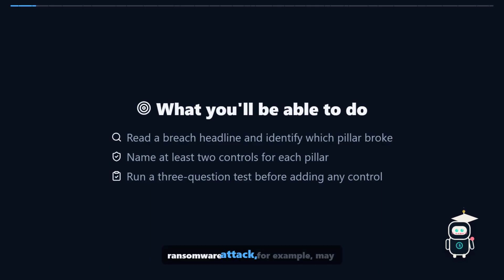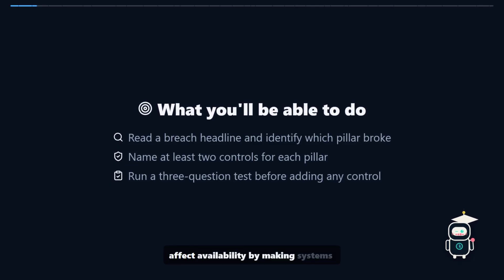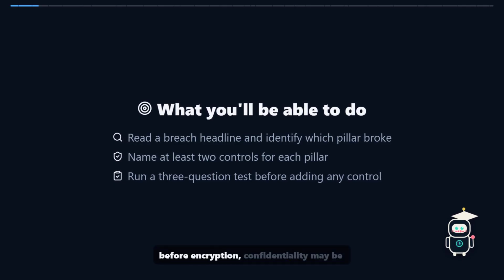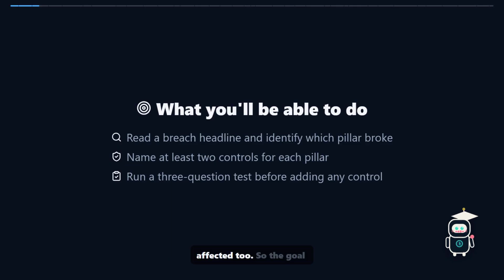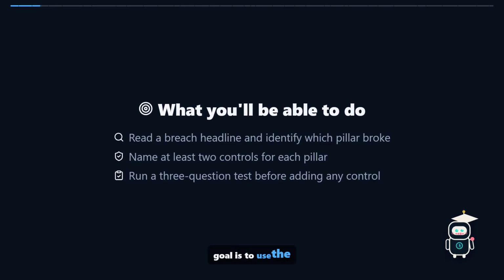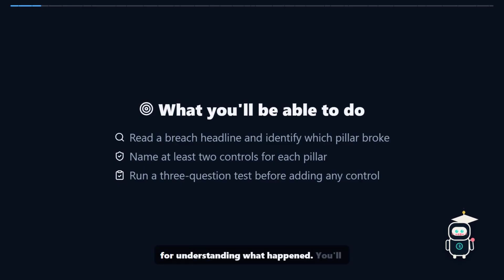A ransomware attack, for example, may affect availability by making systems inaccessible. It may affect integrity by changing or encrypting data. And if information is stolen before encryption, confidentiality may be affected too. So the goal isn't to force every incident into a single box. The goal is to use the CIA Triad as a framework for understanding what happened.